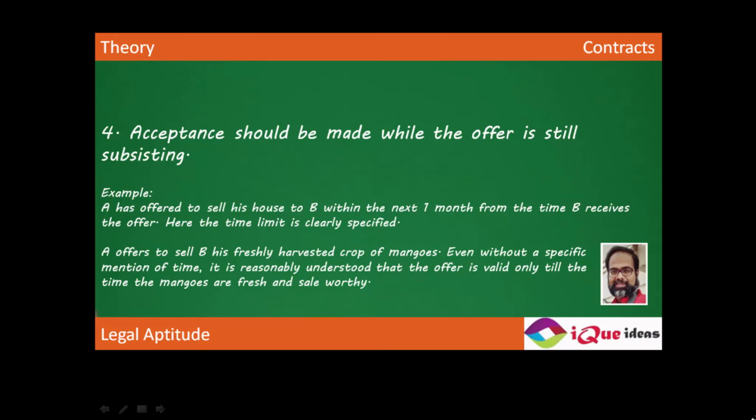However, if A offers to sell B his freshly harvested crop of mangoes and does not mention any time, even without a specific mention of time, it is reasonably understood that the offer is valid only till the time that the mangoes are fresh and sale worthy. Once the mangoes are no longer sale worthy, the offer ceases to exist.